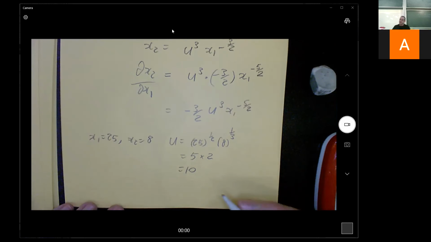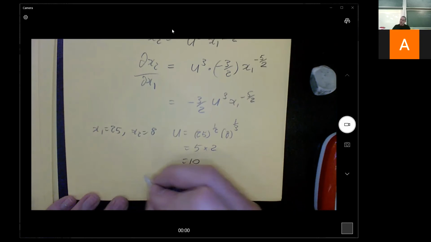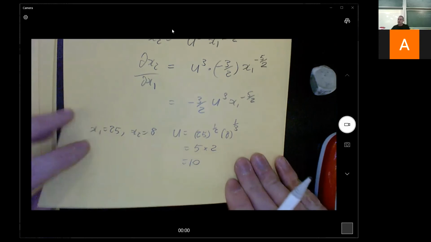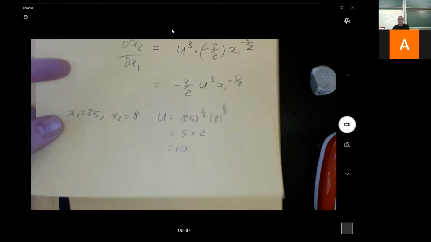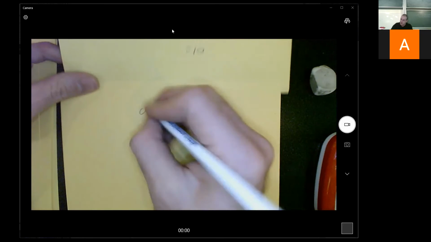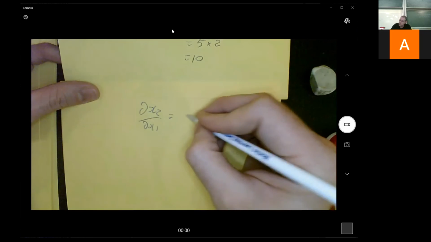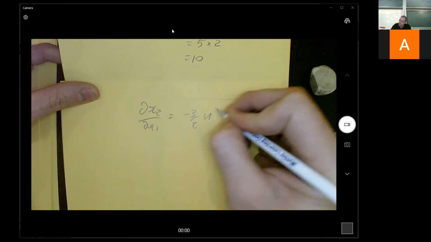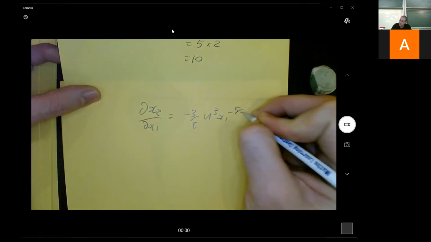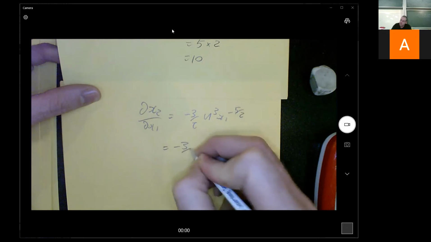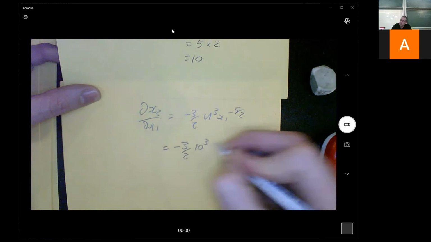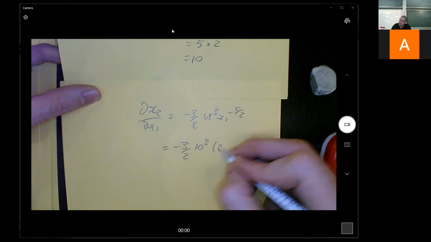And then dx2 over dx1 would be minus 3 over 2 u cubed x1 to the minus 5 on 2. The u is 10. The x1 is 25.